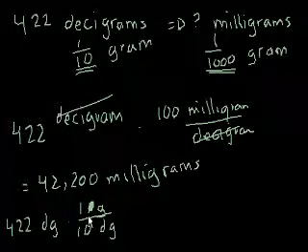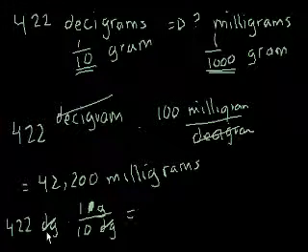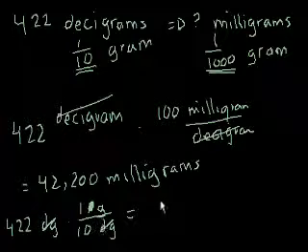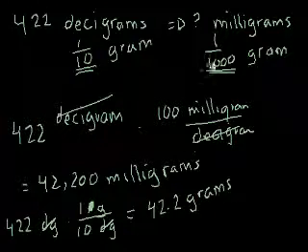And the reason why this makes sense is if we have a decigram in the numerator here, we want a decigram in the denominator here. So the decigrams cancel out, and 422 decigrams will equal that divided by 10, which is 42.2 grams. And now we could just go from grams to milligrams.